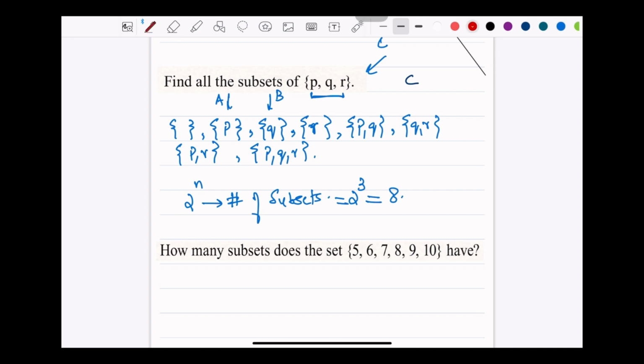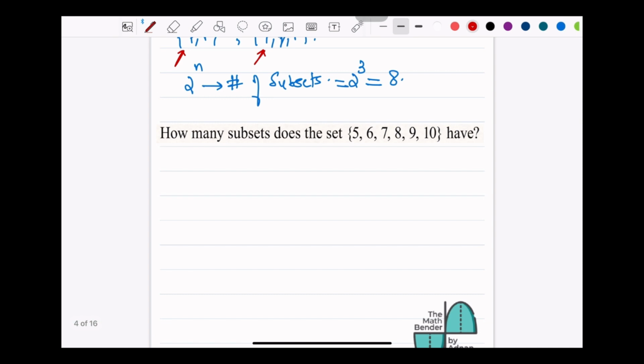You can count them: 1, 2, 3, 4, 5, 6, 7, and 8. How many subsets does this set have? Rather than writing and listing them all down, it's 2 to the power of n, and here n is 6, so 2 to the power of 6, which is 64. If you try to make all of the possible subsets of this set, it will be 64 sets.